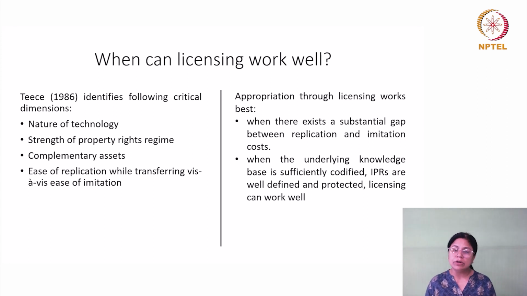Moreover, it will also depend on whether the underlying knowledge base is sufficiently codified and IPRs are well defined. I highlighted to you the problem related to information asymmetry in a transaction of technology. If that information asymmetry exists, then clearly well defined IPRs are going to be very helpful. So under those conditions, licensing can work better.